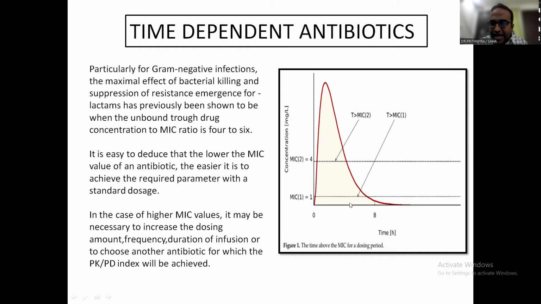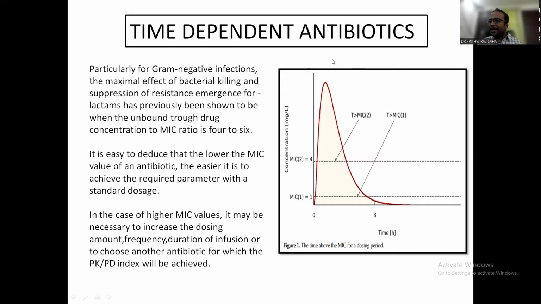We don't need to think about whether the drug will be above MIC or not. But the higher we go, if the MIC becomes 4, then you see the graph above the MIC becomes very short. So either we need to raise the peak more, or we need to make the downslope more gradual. How can we raise the peak?